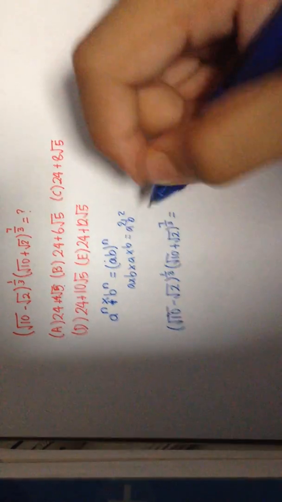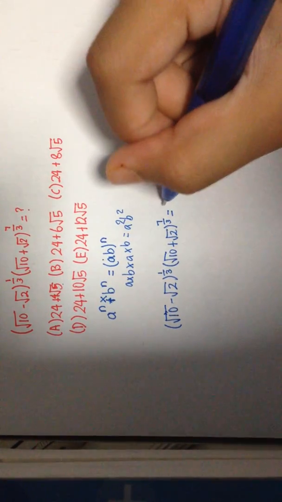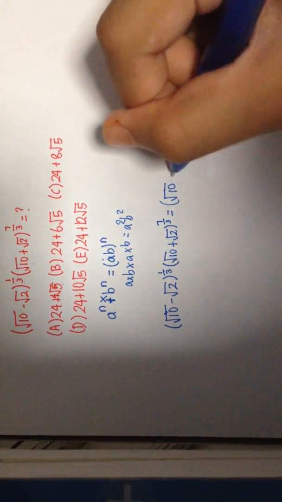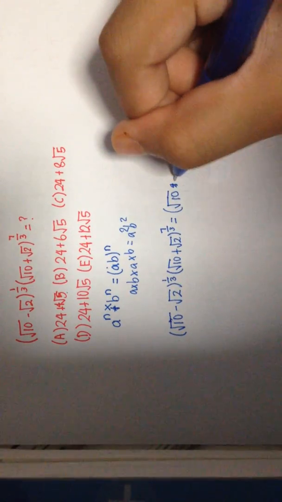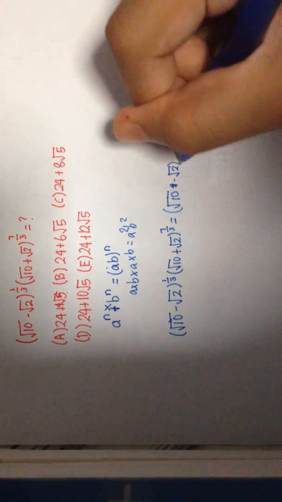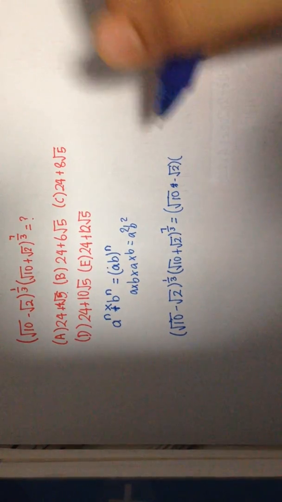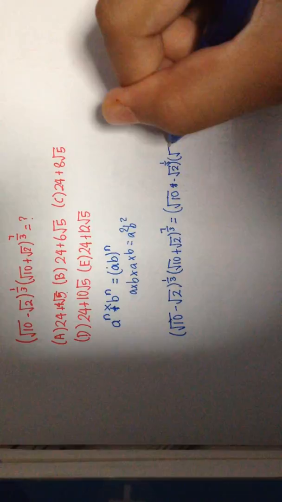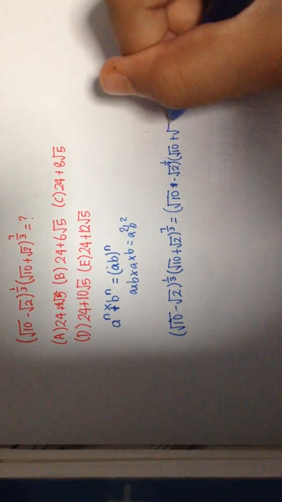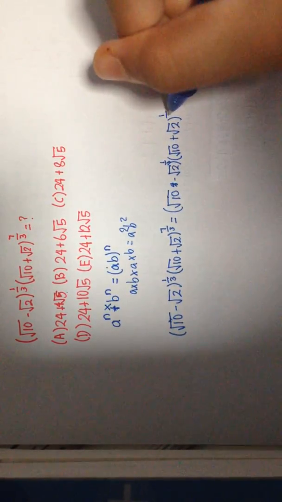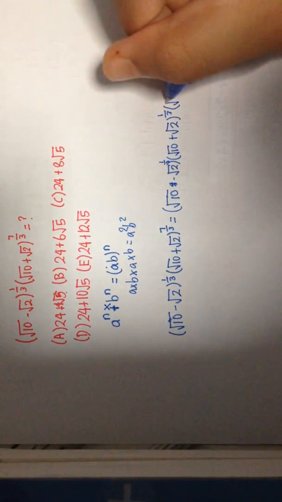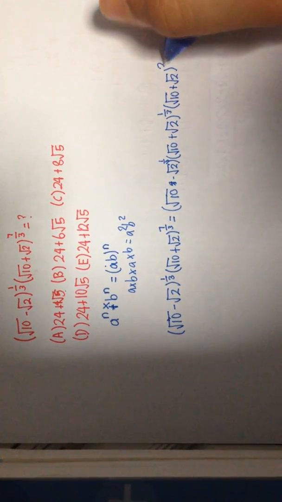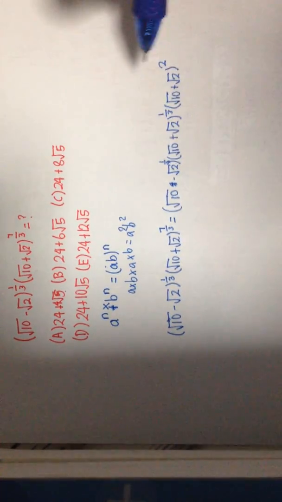Now I'm going to break this down: root 10 minus root 2, bracket to the power of 1/3, times root 10 plus root 2 to the power of 1/3, times root 10 plus root 2 to the power of 2. Now why?